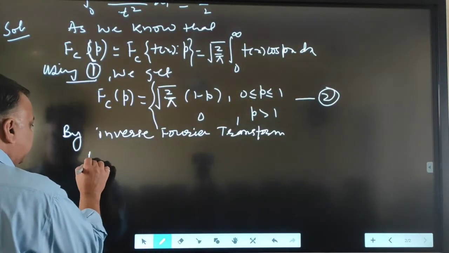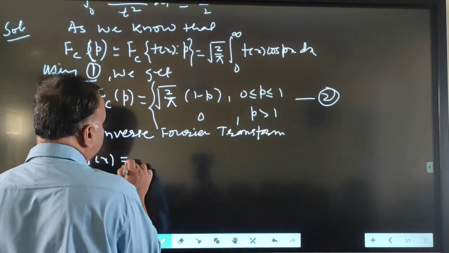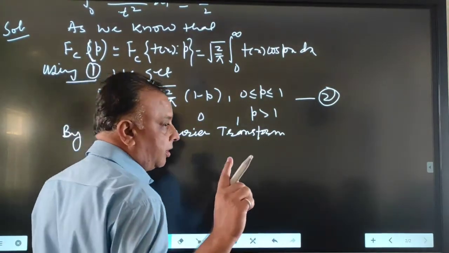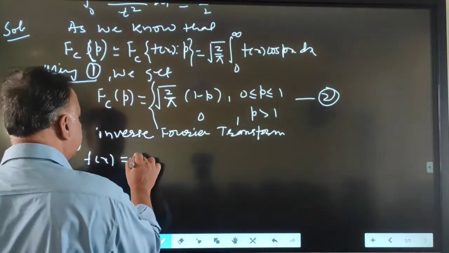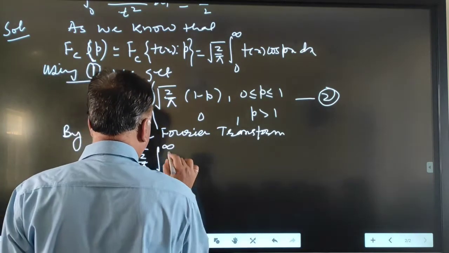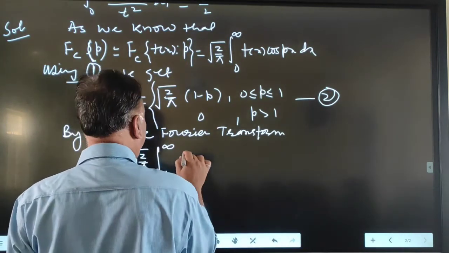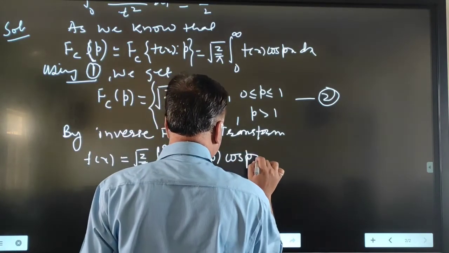So f(x), which is the solution of the integral equation, is equal to the inverse Fourier cosine transformation of F_c(p), and it is given by root 2 upon pi integral 0 to infinity F_c(p) cos px dp.